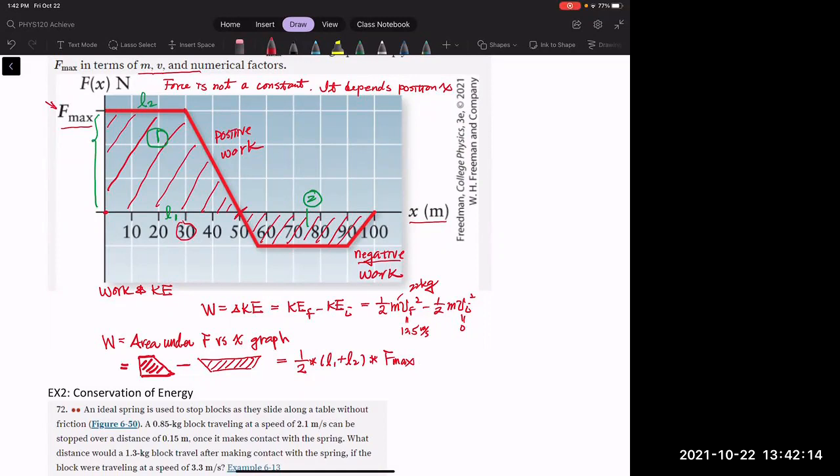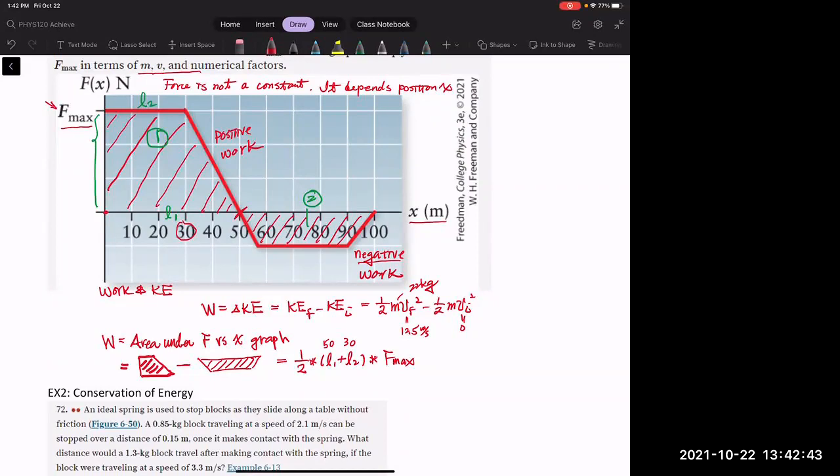L1 is equal to 50. L2 is equal to 30. So that is how you figure out the total area above the zero crossing point, which is at the 50 meter location.